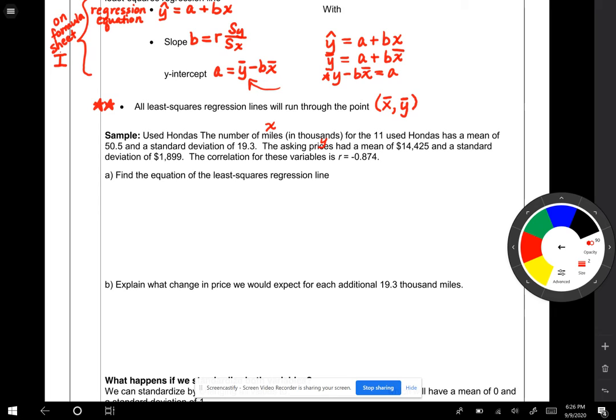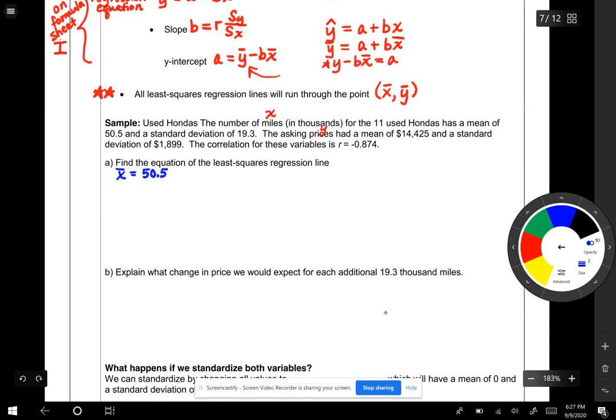The mean of the response variable was $14,425 and a standard deviation of $1,899. The correlation for these variables was a strong negative correlation, negative 0.874. Let's write down the information that we are given. So x bar is 50.5, remember that was in thousands.